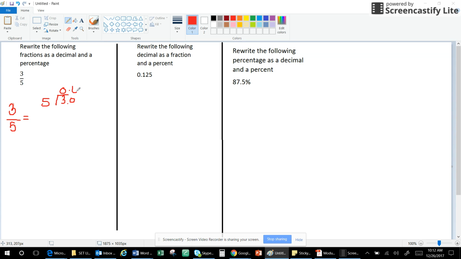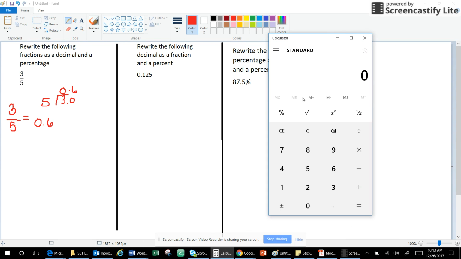So this is 0.6, and if you're unsure on the long division, you can pull out your calculator and go, okay, I need 3 divided by 5, what's its decimal form? And we get 0.6. So you can check your work that way on getting between the fractions and the decimals.